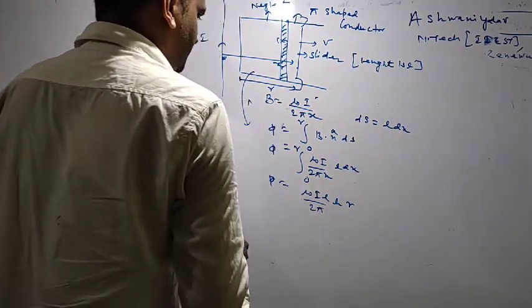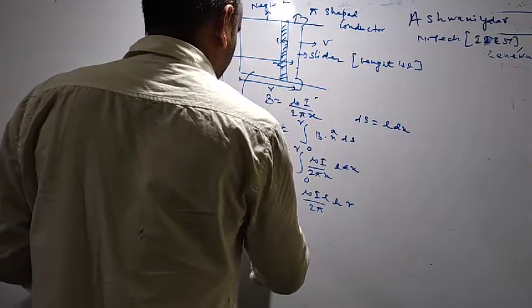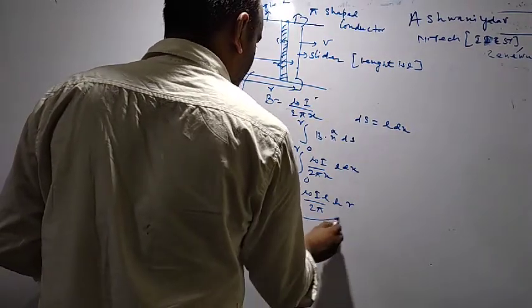So this is your flux and it is varying as a function of r.